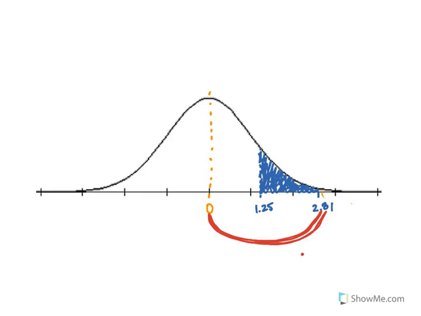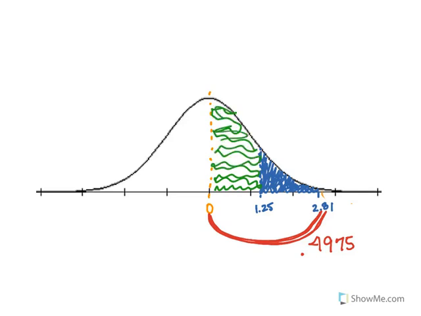2.81 would be 0.4975. And that's including this green piece, which I don't even need, and the blue piece. So I'm going to signify that by drawing my lines across both. That's both of those. 0.4975.